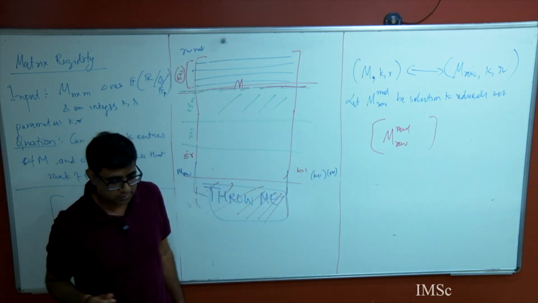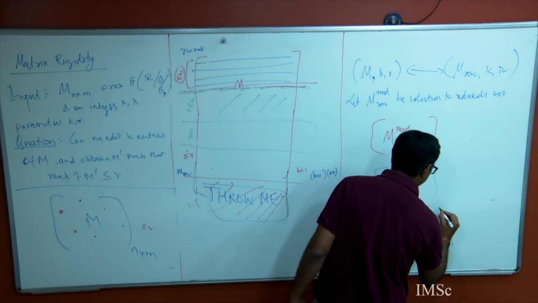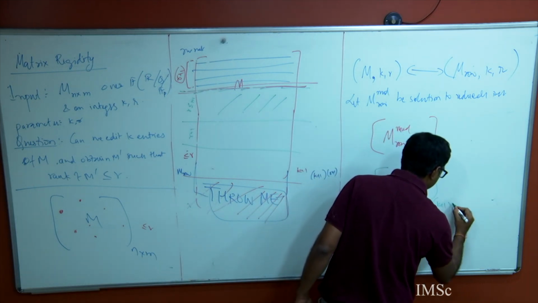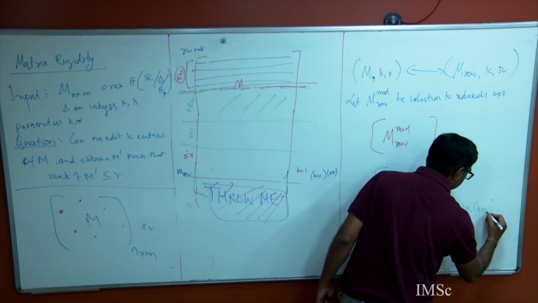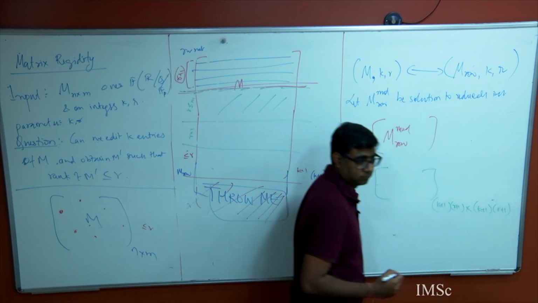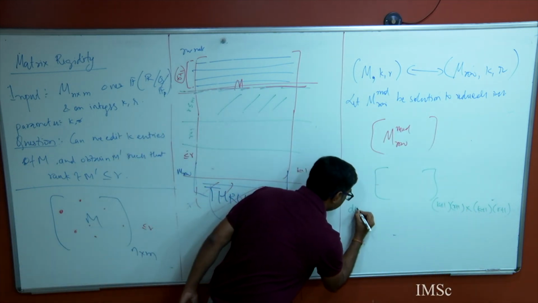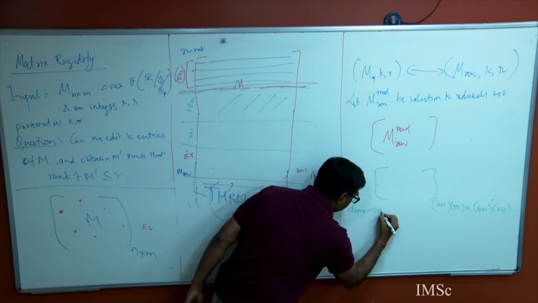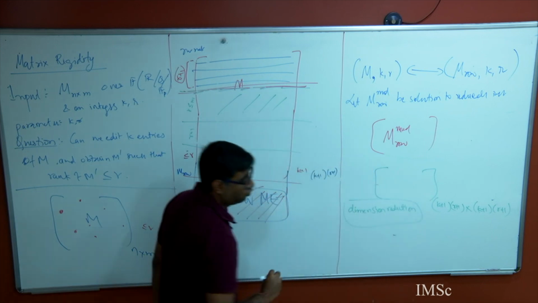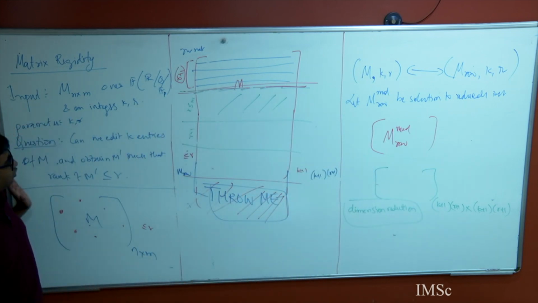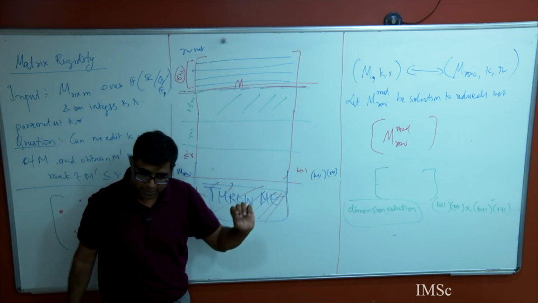So you will finally get a matrix of dimension at most k plus 1 times r plus 1 by k plus 1 times r plus 1. Okay, so this is just a dimension reduction, and it has nothing to do with the field. I can work over any field and do this dimension reduction.